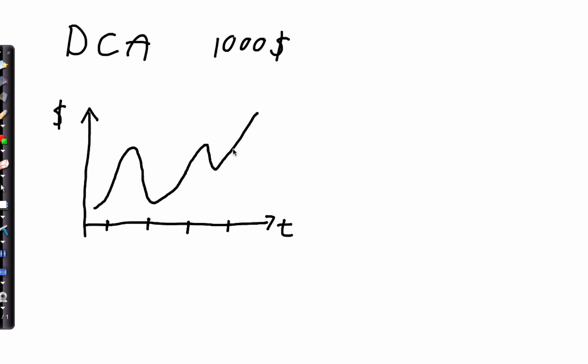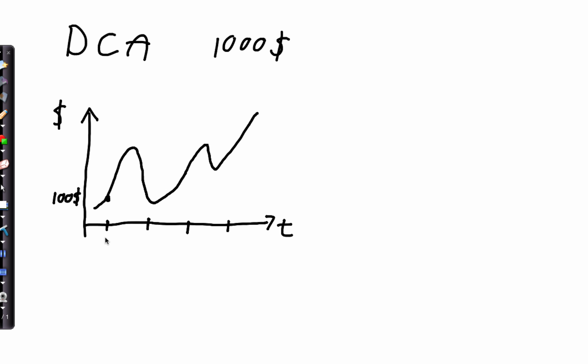Okay, so let's say that this one is after the first 6 months. I want to buy, and I will buy at this price. And suppose that this price is $100.